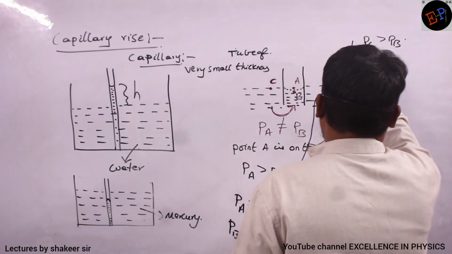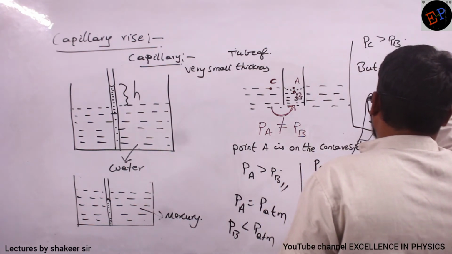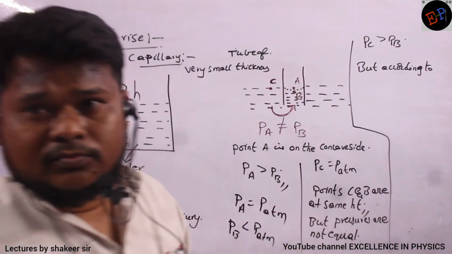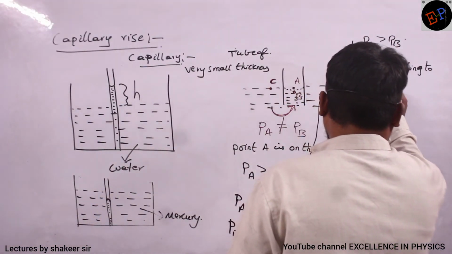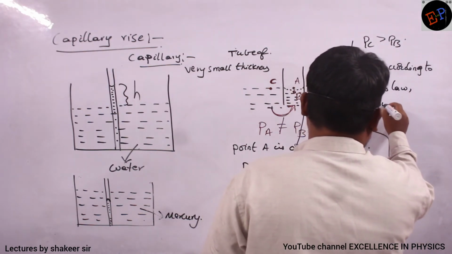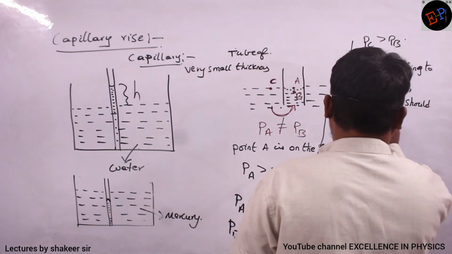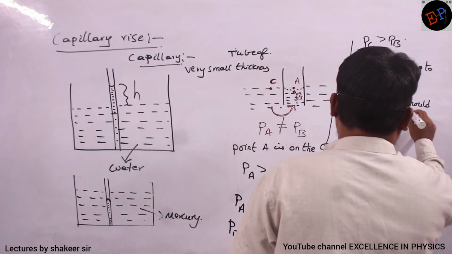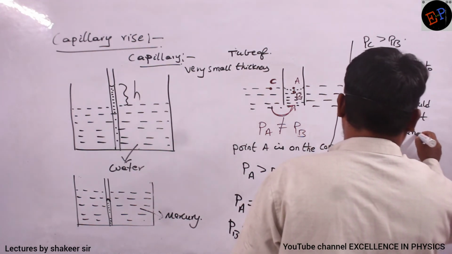According to Pascal's law, pressures should be equal at point C and point B.